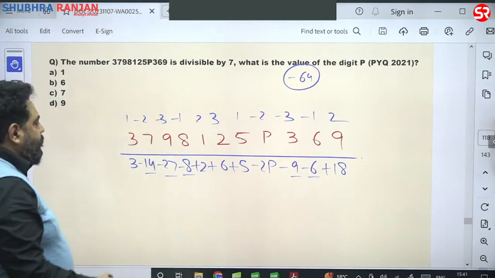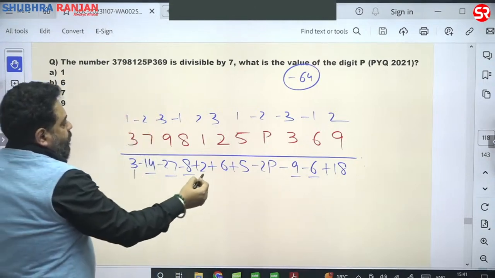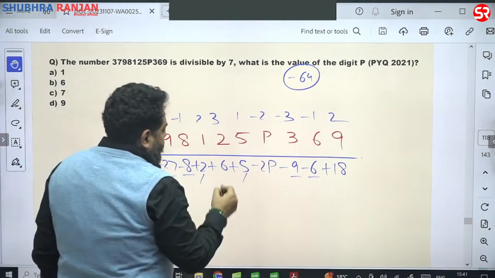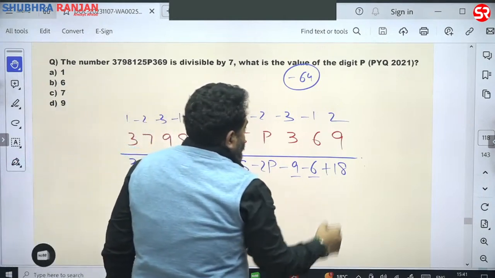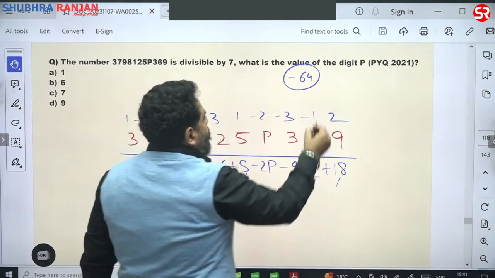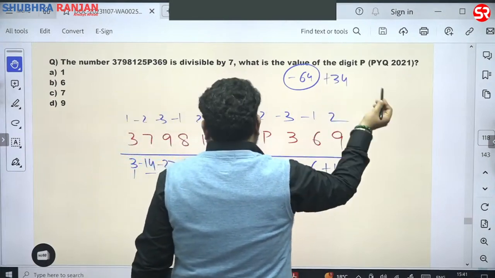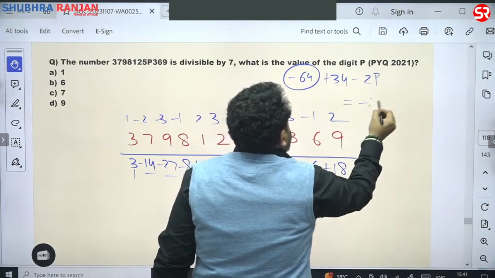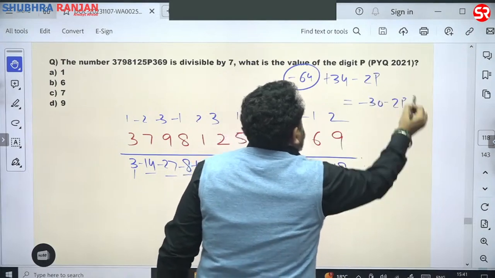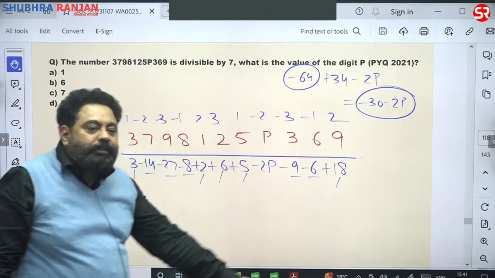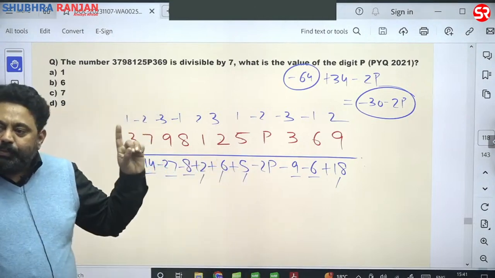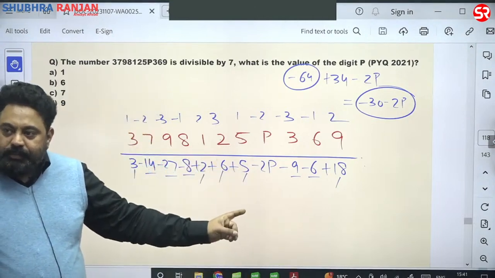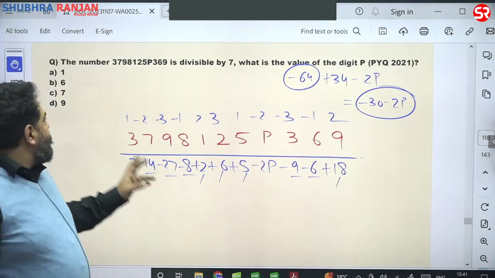And if you add the positive values, 3 plus 2 is 5, 5 plus 5 is 10, 16, 16 and 18 comes out to be 34. Which comes out to be minus 30 minus 2p has to be a multiple of 7. All you needed to do was this. है ना? अब ऑप्शन में से p की वैल्यू पुट करना.